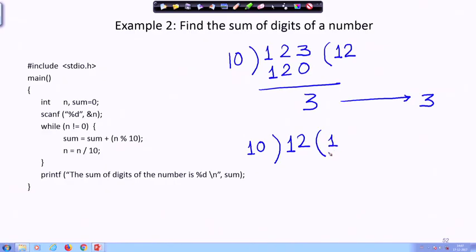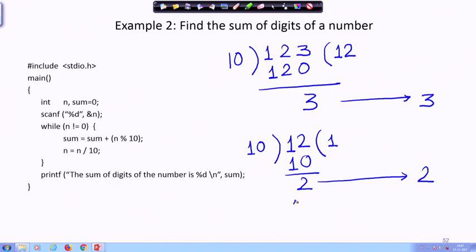I will get a quotient and a remainder. The remainder is another digit, and then I go on till the number is equal to 0.